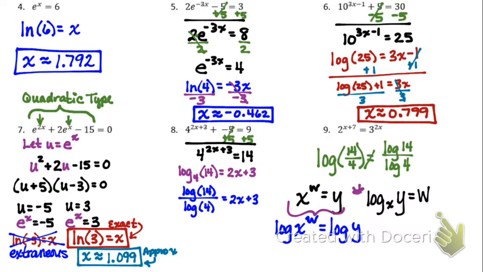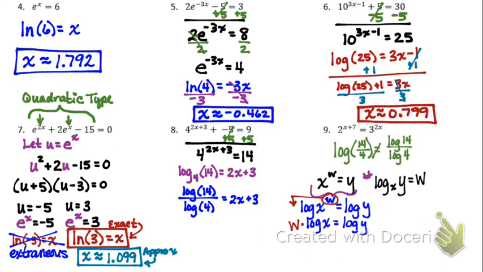Do you guys remember our properties of logs? The quotient property, the product property, powers property. Bring the w to the front. And when it comes down to the front, it is now a coefficient. It's now being multiplied to that log. How would I get the w all by itself here?